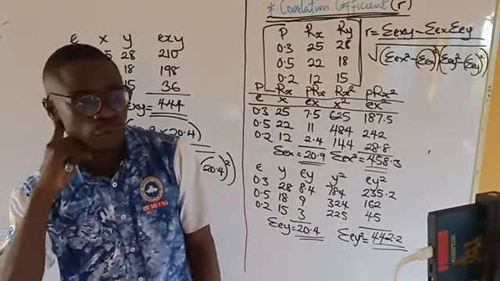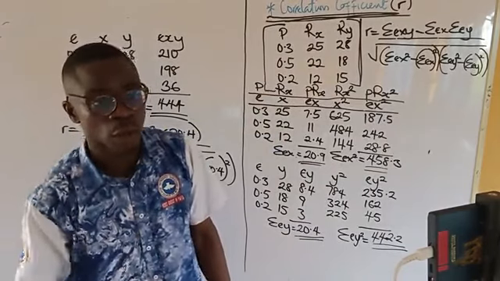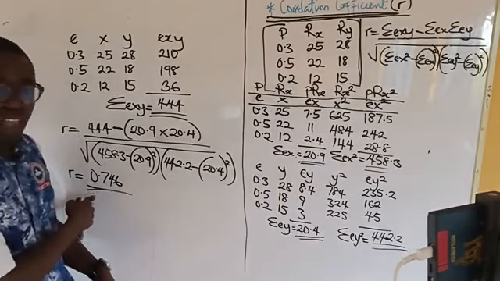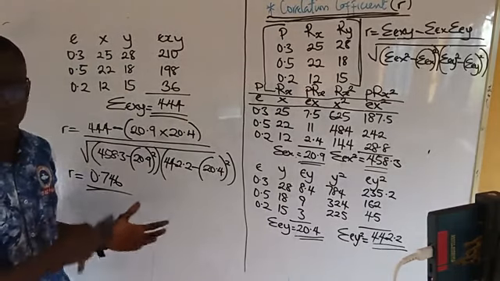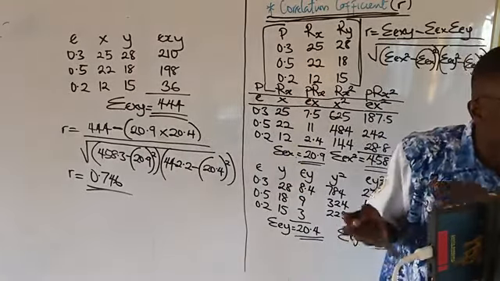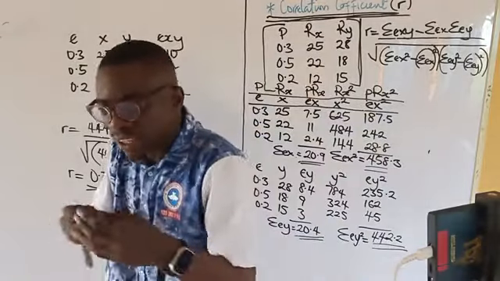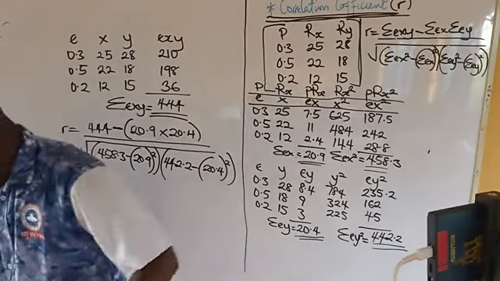Are we together? That is perfectly negative correlated, which is -1. But you can have 0 point something. That means they are positively correlated, but not perfectly. In a way, they are still moving together. Any question? No question for now.